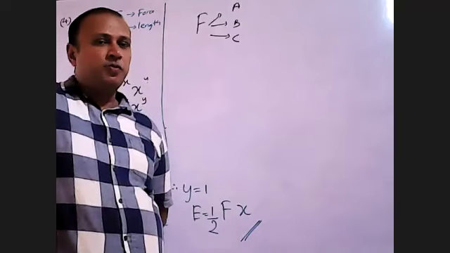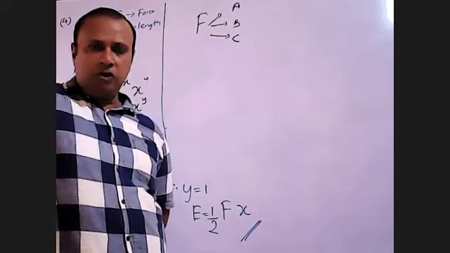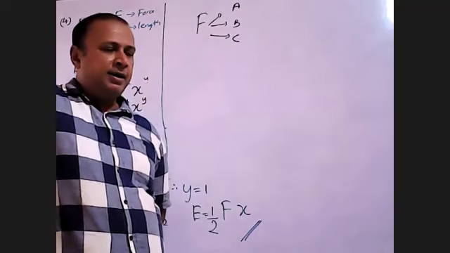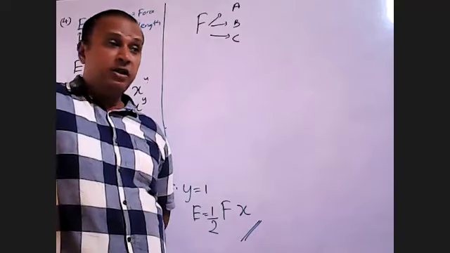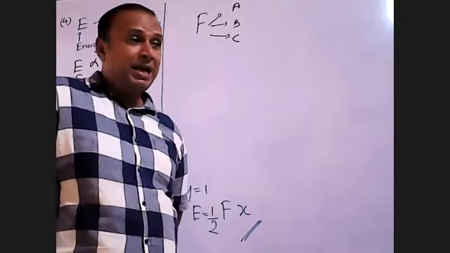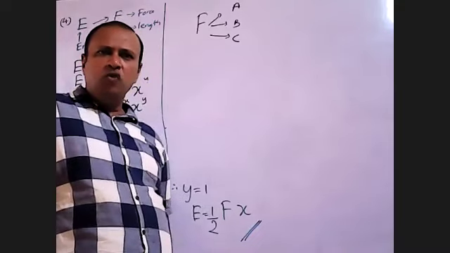We have to do some experiment. Otherwise, we cannot determine the proportionality constant. Suppose we have to prove the force is equal to F into A. Then we should do some experiment.